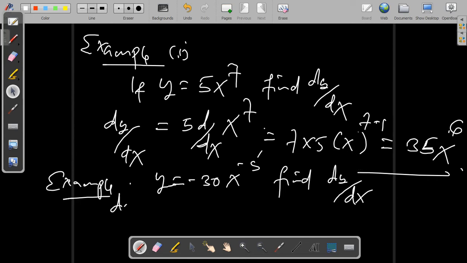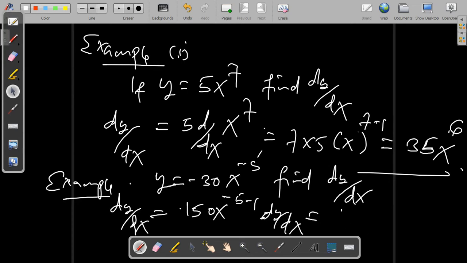This will give you dy over dx is equal to negative 5 times negative 30, which is 150x raised to the power of negative 5 minus 1. So dy over dx is equal to 150x to the power of negative 6. This will be the answer, as you observe.